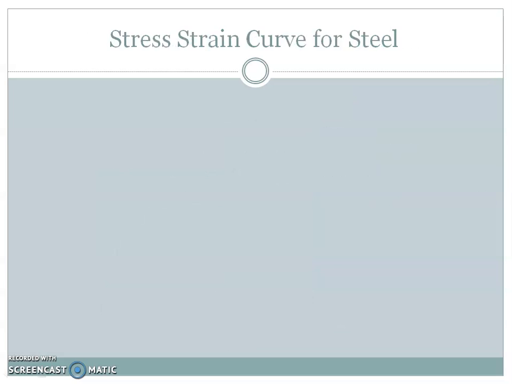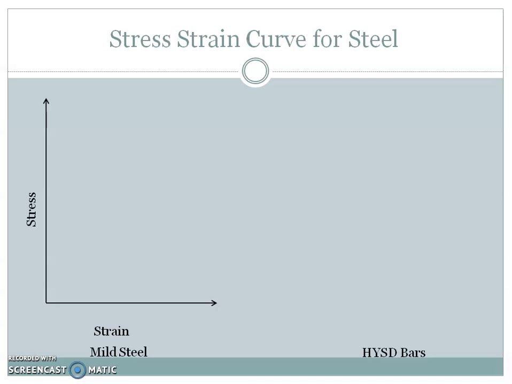Next, we will move on to the stress strain curve for steel. As you know, we have two types of steels that are used in designing. One is mild steel and the second one is HYSD bars. The stress strain curve for mild steel specified by IS code will be like this.